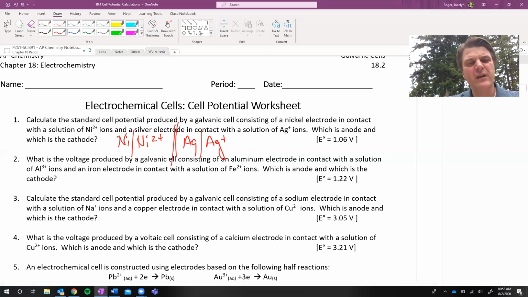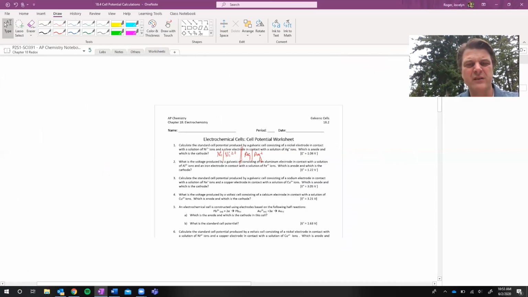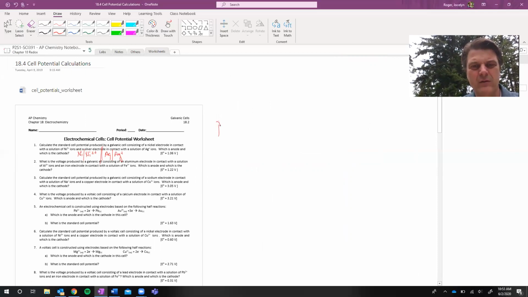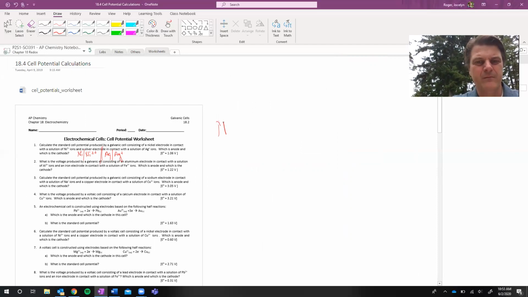So what we're going to do is write down both of those equations. So I'm just going to move us over to the side here. Nickel gives nickel 2+, and silver gives silver+.